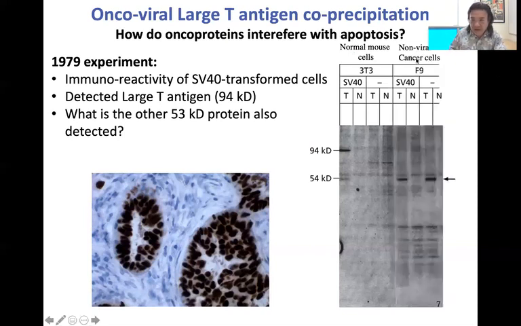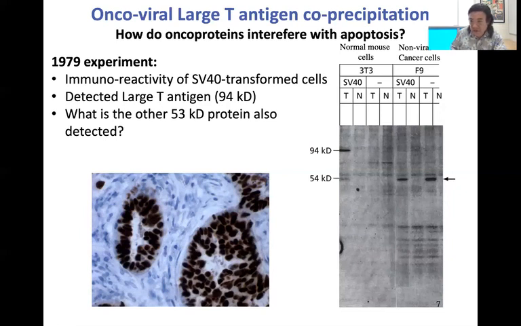So these are non-viral cancer cells like this F9 cell, but you do the same experiment. You transform some of them with SV40, or they're already transformed, but you expose them to SV40, and then you have a control group that you don't expose, and you do that same probing. And what you see is, you don't see much difference in the SV40 protein levels when you probe with these different antibodies, but you see a dramatic detection that these cells, for some reason, have much higher levels of this mysterious 53 kilodalton protein.